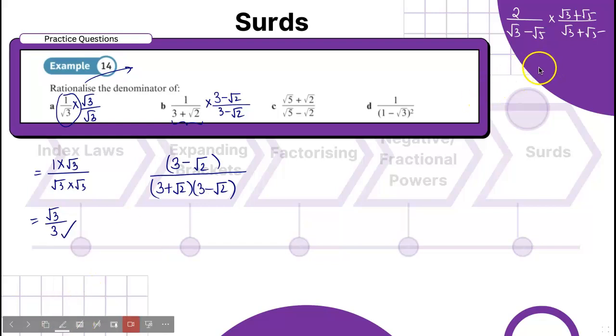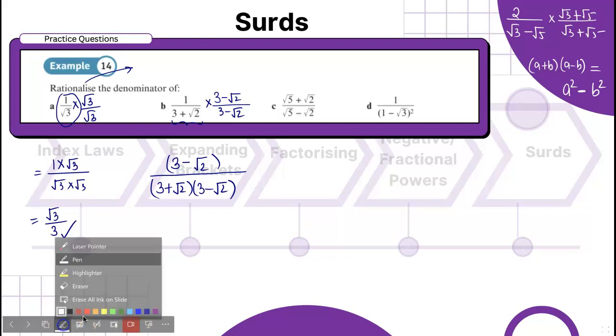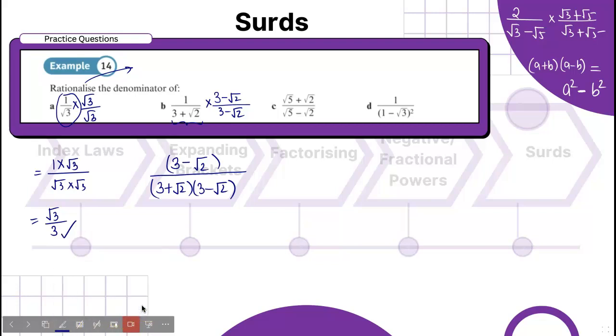So what is the difference of squares? If you have a bracket with two numbers A and B, one with a plus and the other with a minus, we can write it as the difference of the squares of the numbers.